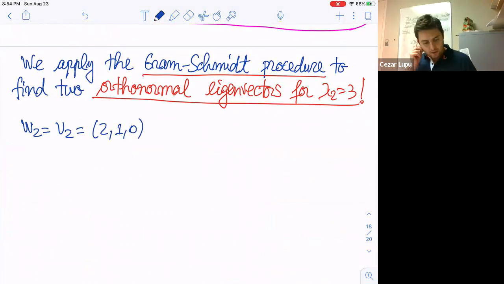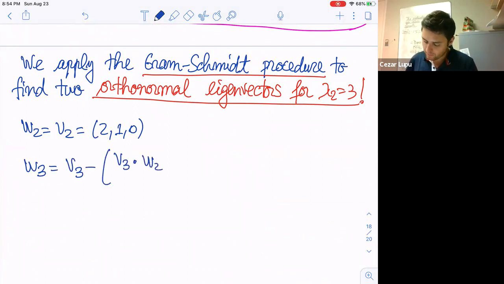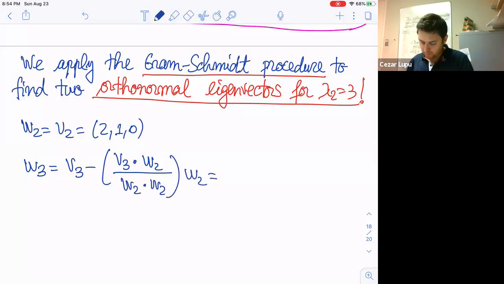And now W3 will be V3 minus, by the Gram-Schmidt procedure, V3 dot W2 over W2 dot W2 times W2.